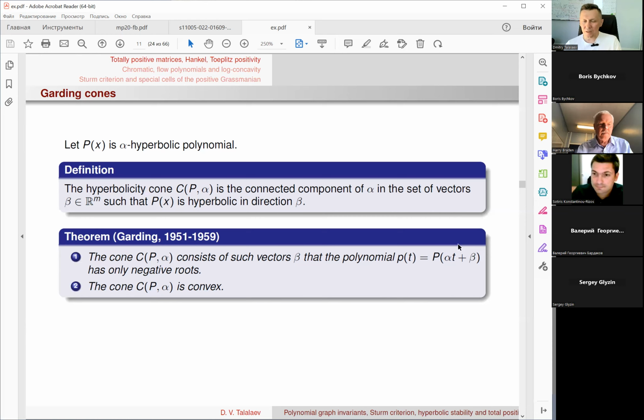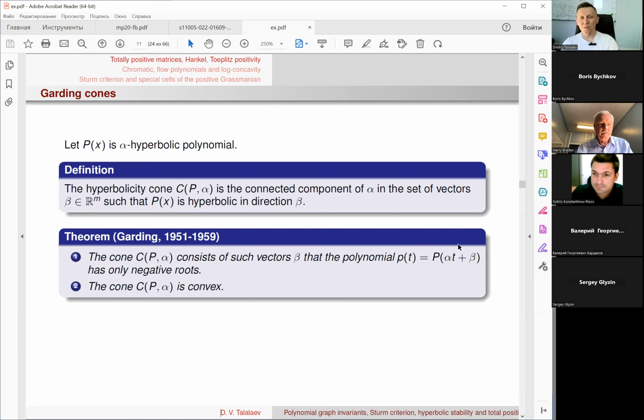It is related to the asymptotic directions of surfaces of the second order and its generalizations. So, some statements about hyperbolicity cones.